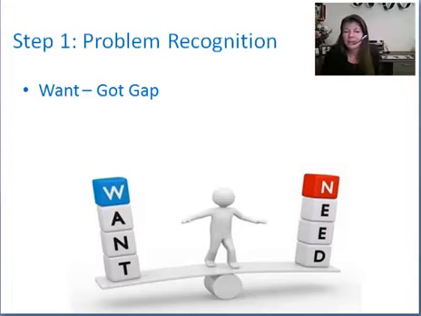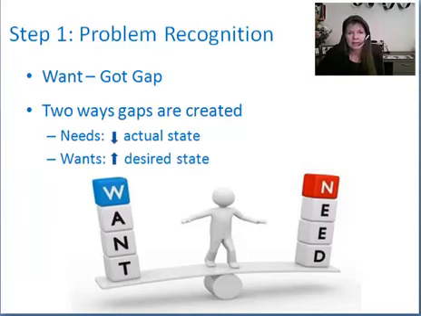But if you envision a more realistic trade-up, maybe to a 2010 Toyota Camry, problem recognition is more likely to happen. So this does not apply to dreams and fantasies. This applies to something you perceive as really possibly happening. Okay? Want-got gap.